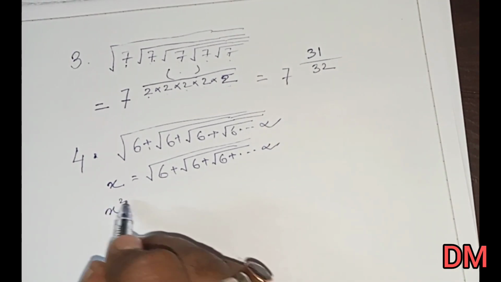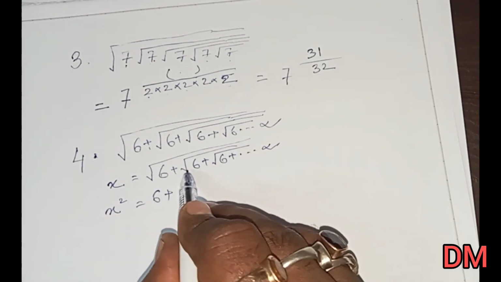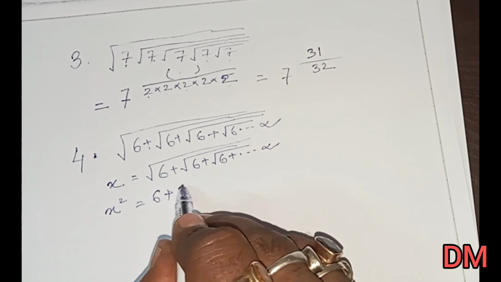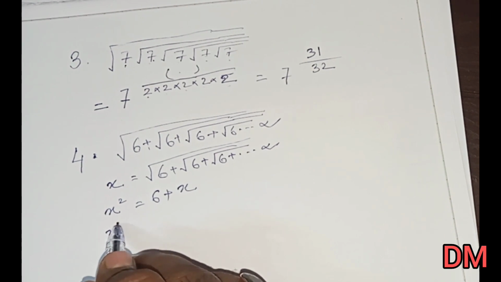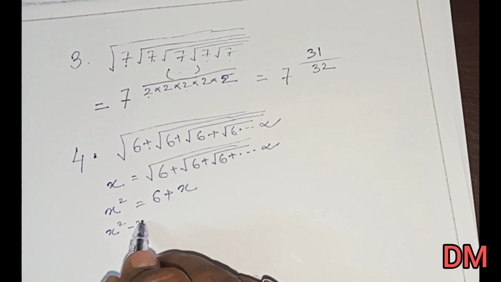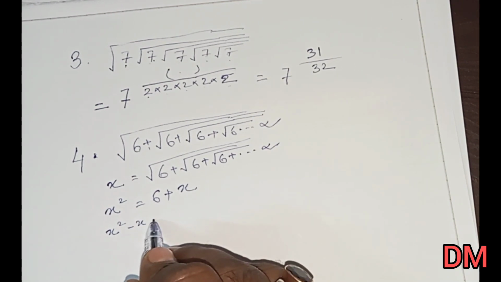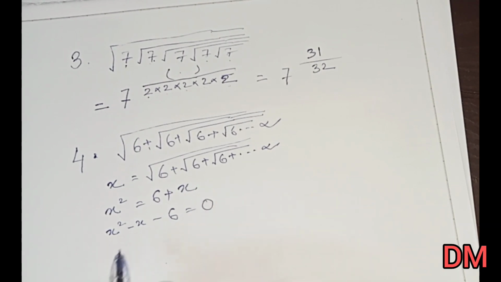So what about x square? x square would be equal to 6 plus this whole term, and that is equal to x. Okay, up to this. Now if you take it to the left-hand side, x square minus x minus 6 equals 0.